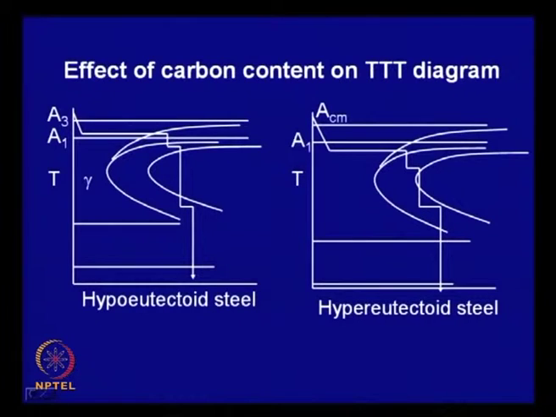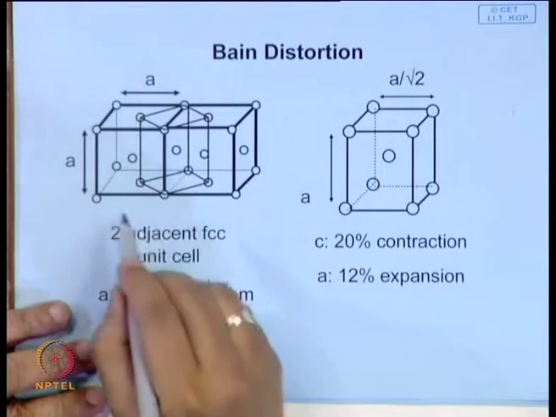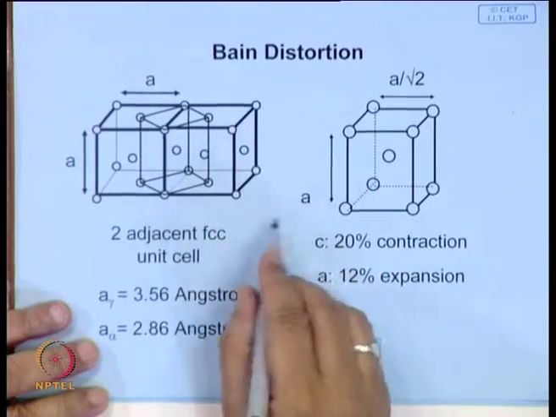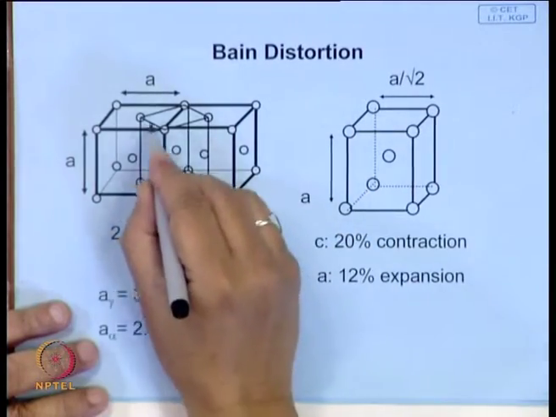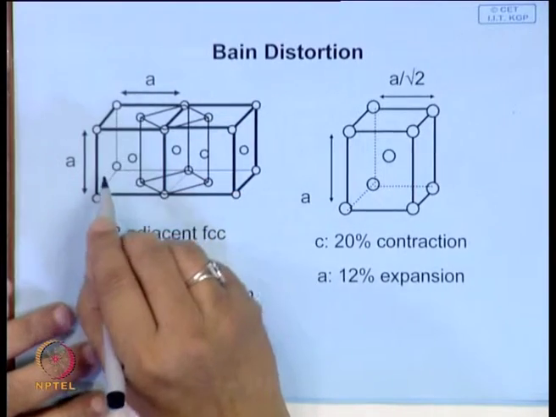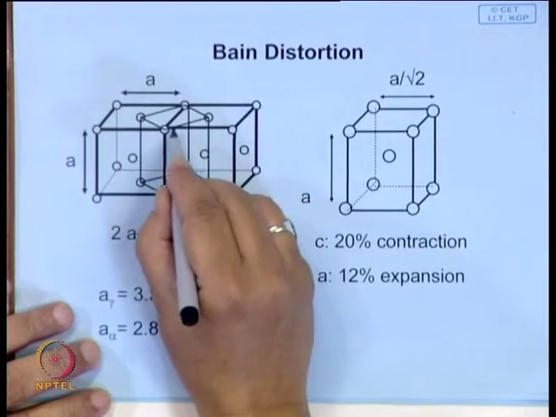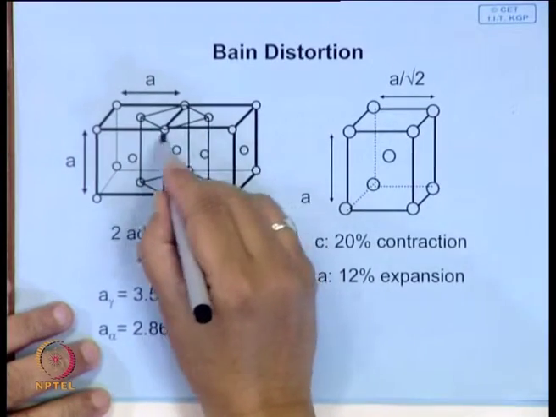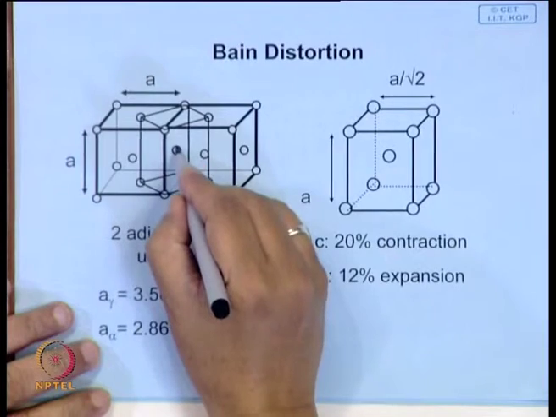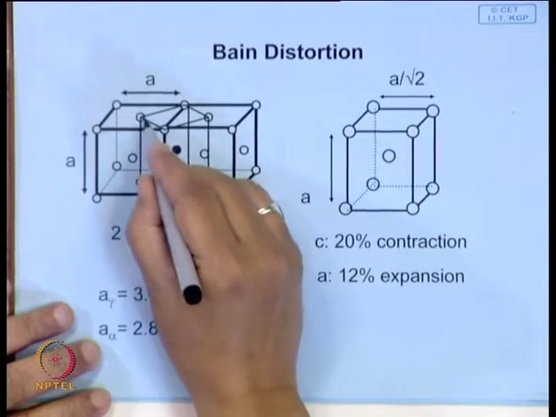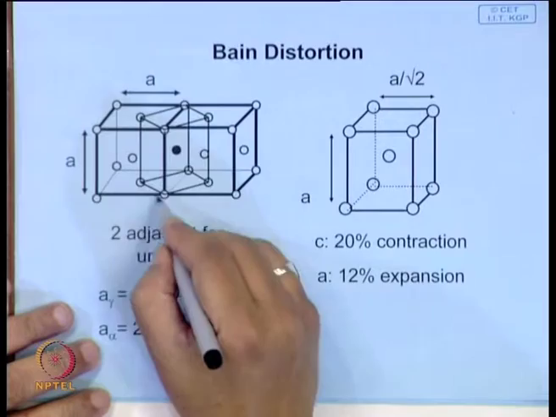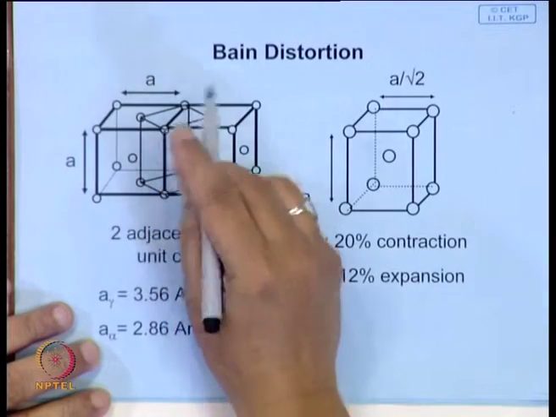A quick look at the crystal structure. When martensite forms, the initial structure is austenite, and it transforms into a BCT structure. You can visualize this crystallographic transformation like this. You imagine, join these, then you get one atom at the center here, and atoms at the corners.